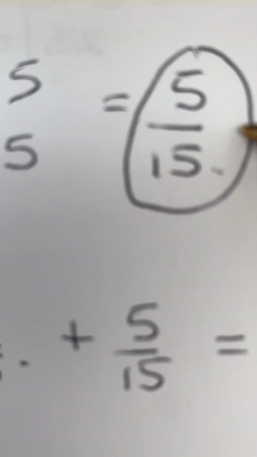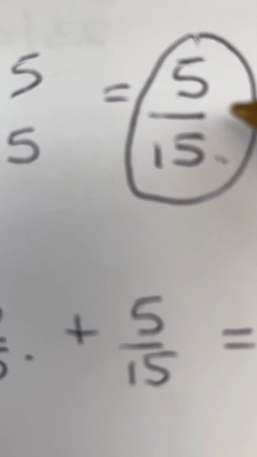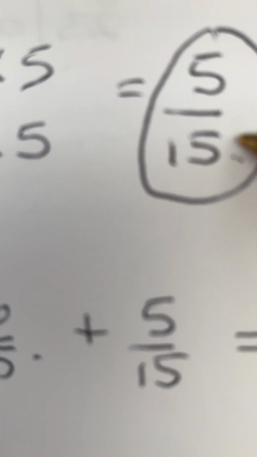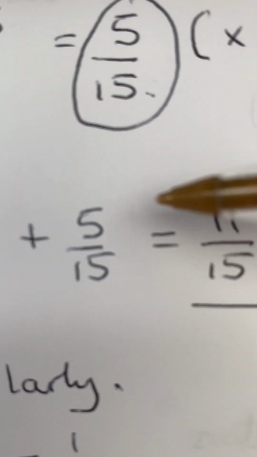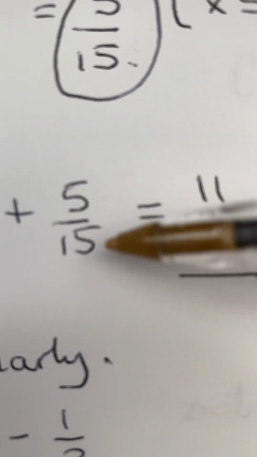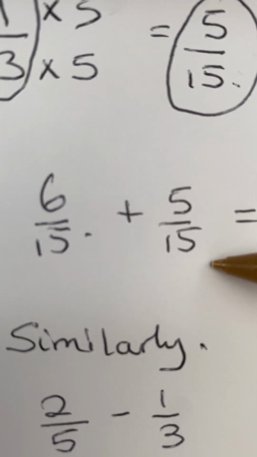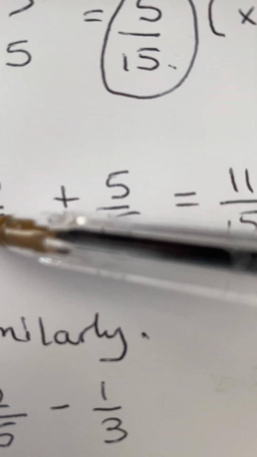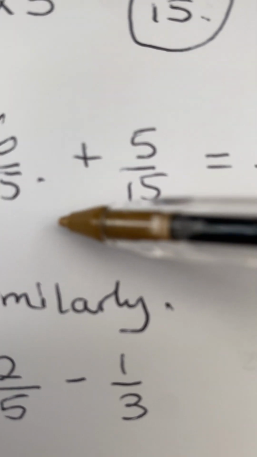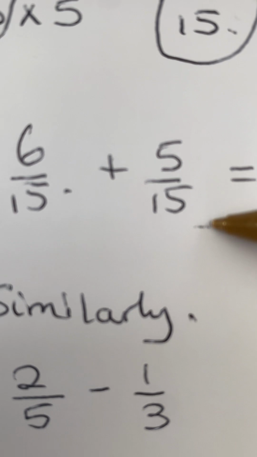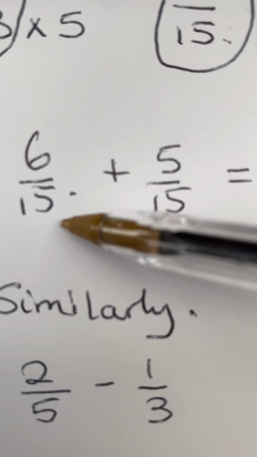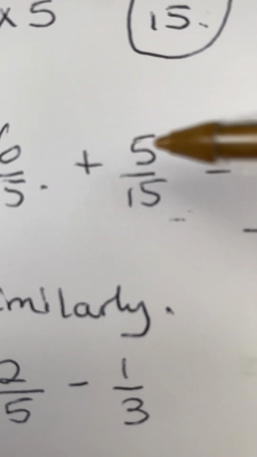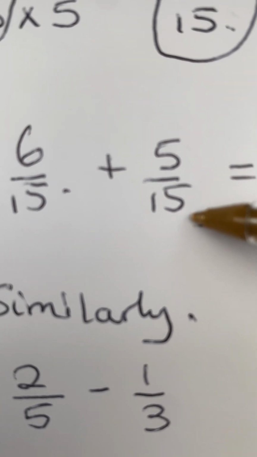But because we want to add, this form is more convenient. So in place of 1 over 3, we are going to put 5 over 15. So our new fraction that we will add, with the same denominator, is 6 over 15 add 5 over 15.